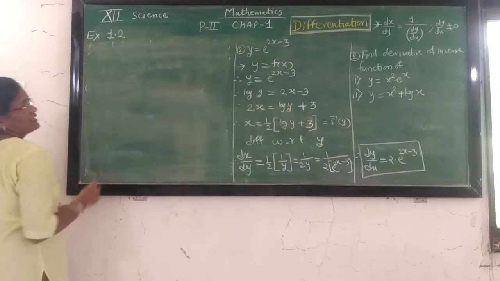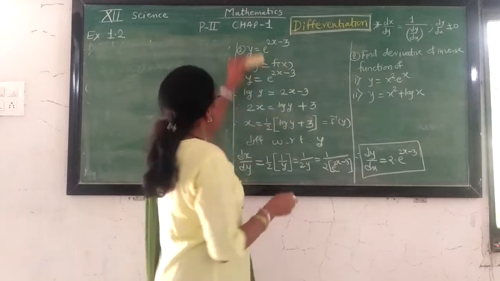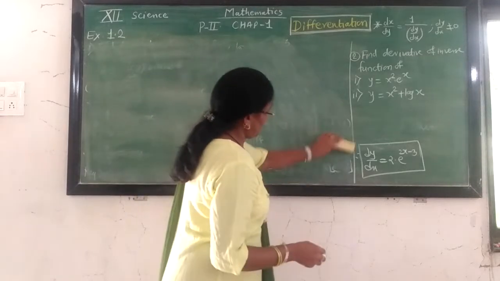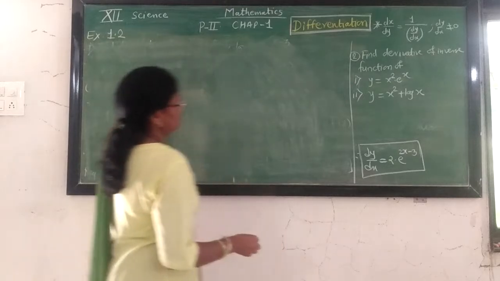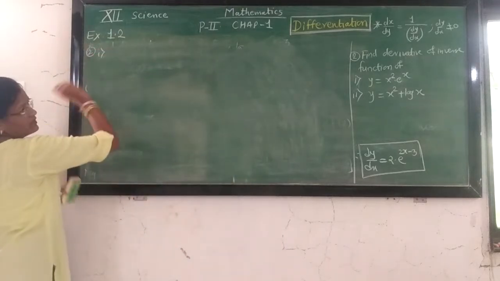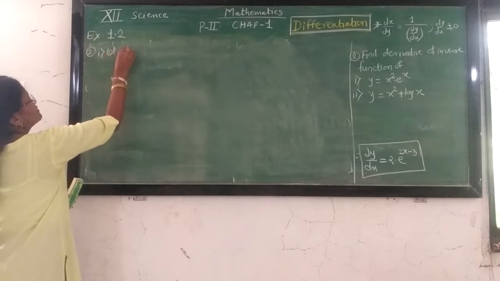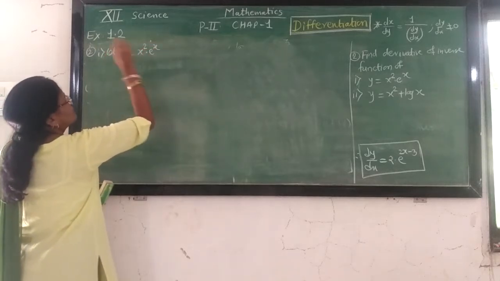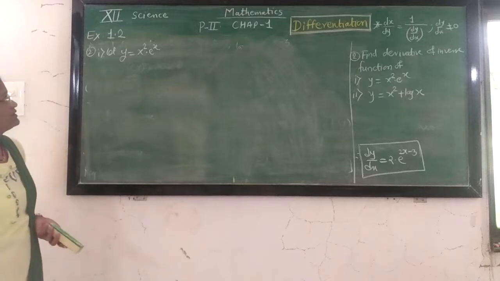Now, for the second, find the derivative of the inverse. In the second example, first is given: y is equal to x square into e raised to x. This is a product function.